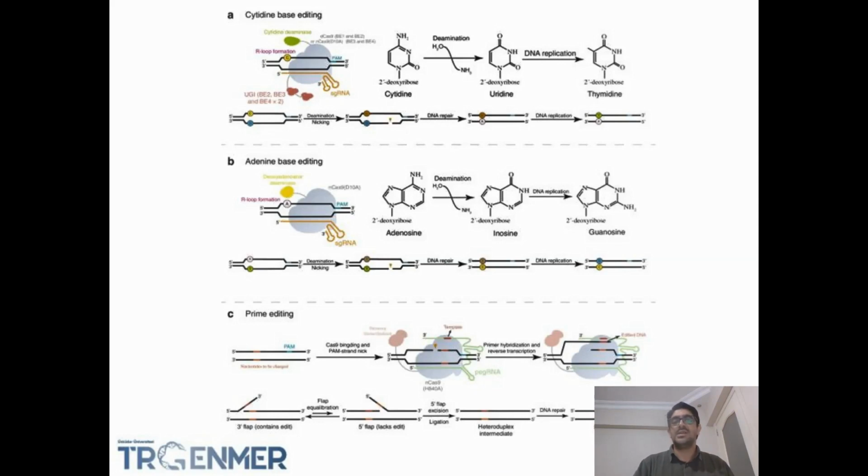At that time you can change cytosine to thymine or adenine to guanine, or you can combine these two enzyme capabilities in a single base editor enzyme if you want to change both at the same time.